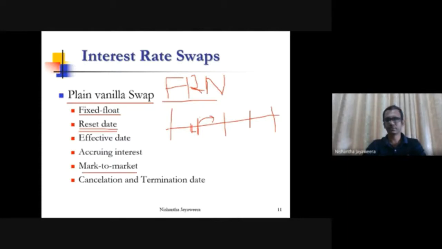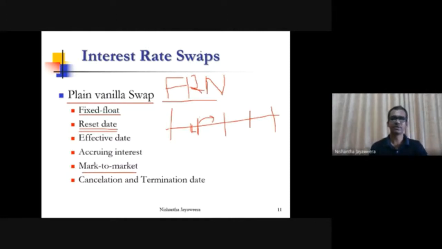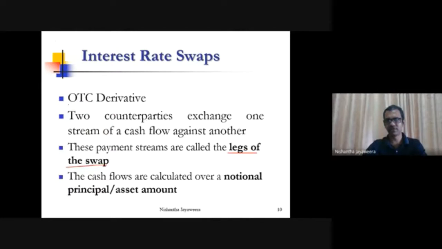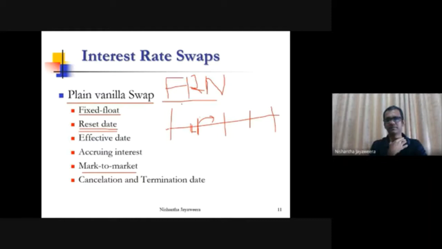And not only interest rate swaps, even cross currency swaps, we do mark to market frequently. See who is making a profit and who is making a loss. If necessary, keep margin and reduce the counterparty risk, just because these are OTC derivatives. You take the risk of the counterparty, and ultimately there is the cancellation or termination date.